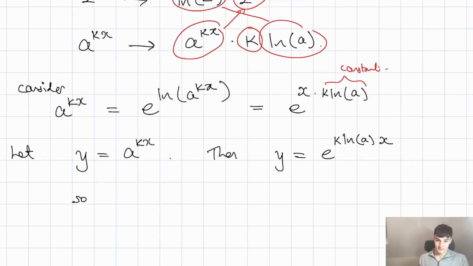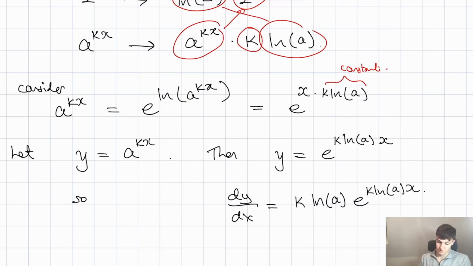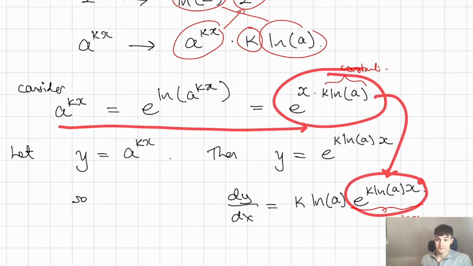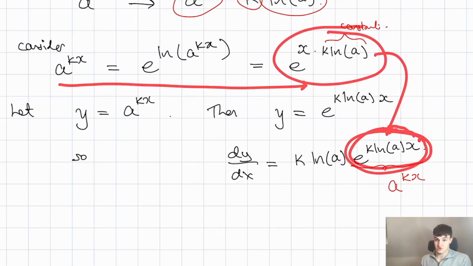So dy by dx is going to be equal to, and now we just use the general rule that we know for exponentials, for e to the x. So that's going to differentiate to the constant k ln a times the thing itself. Great. And remember again, this thing here is just a to the kx. I went through this whole process to get to this, which is just here.